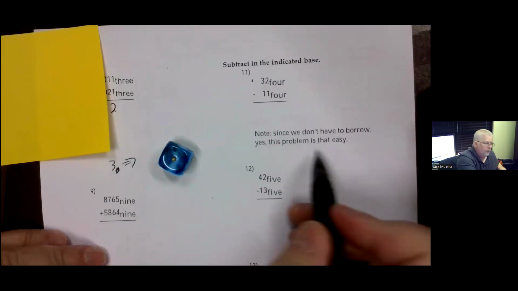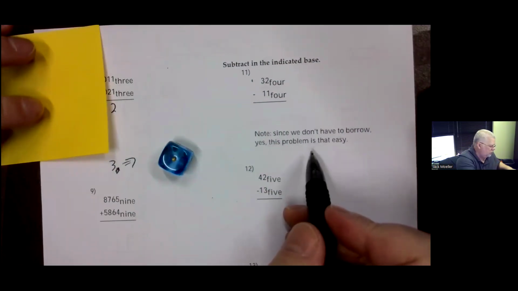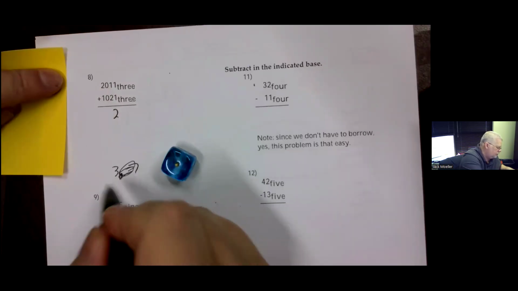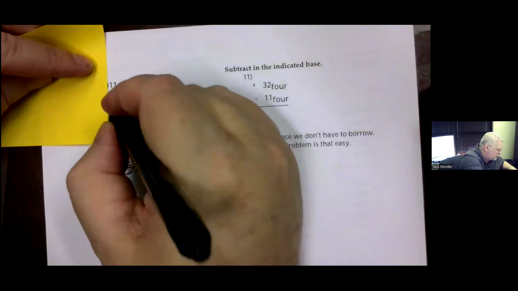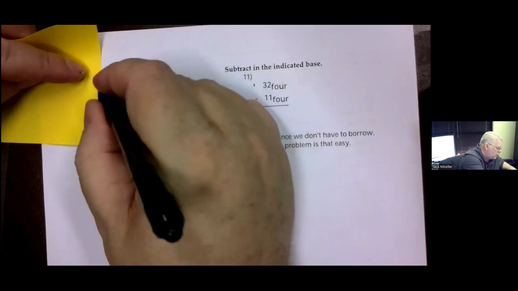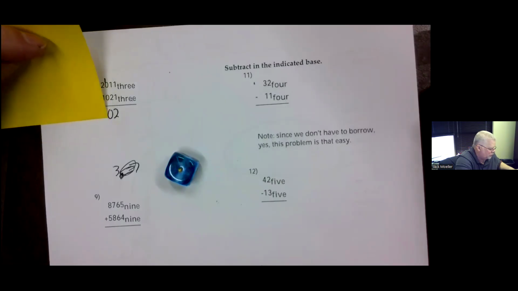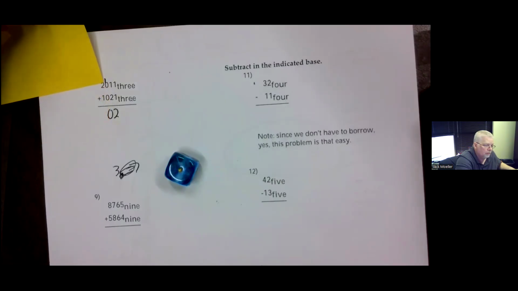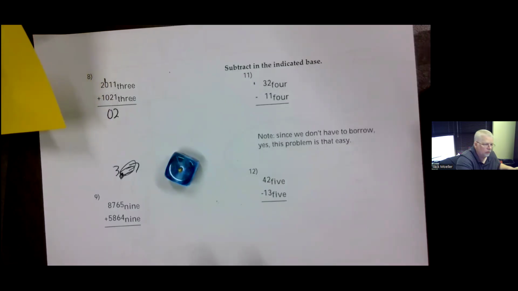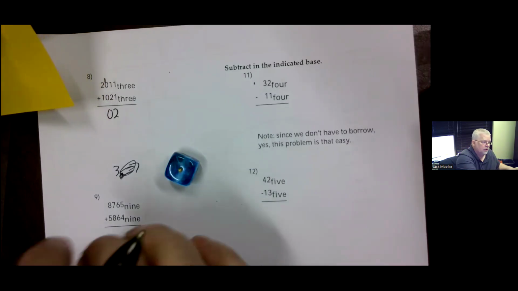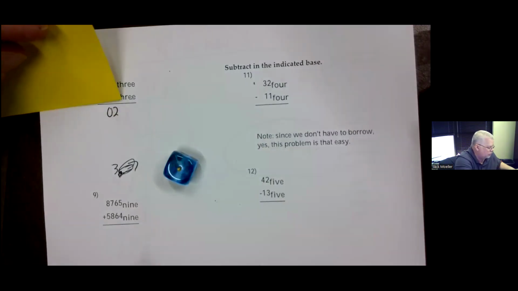And then what do we have left? We have none left. So in that column, we put a 0, and then we carry 1 over. So 3 in base 3 becomes 0, carry 1. That's basically our 10. Like we had 10 in base 10, you'd have the 0 and then carry the 1. Same way with 3.